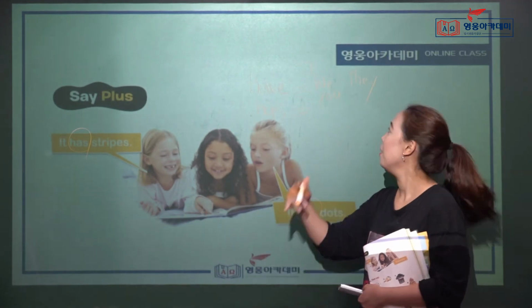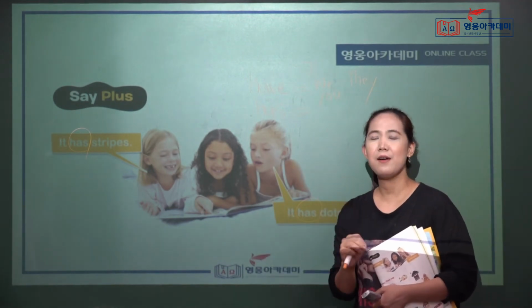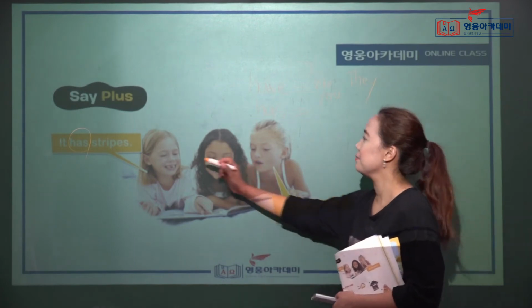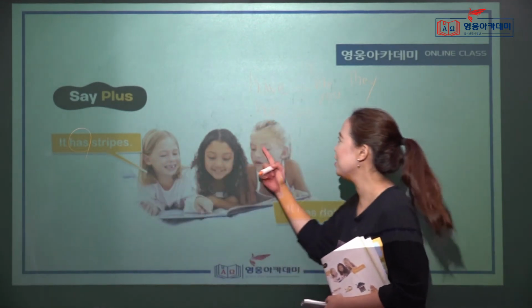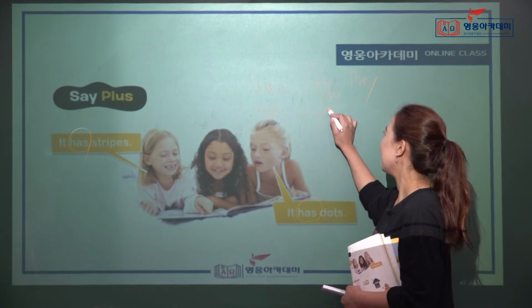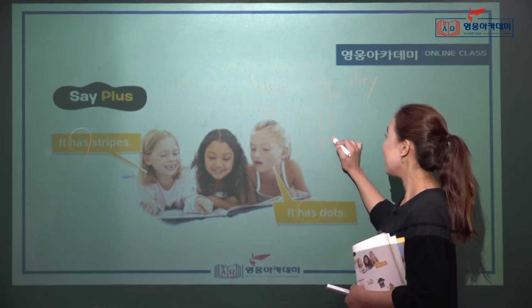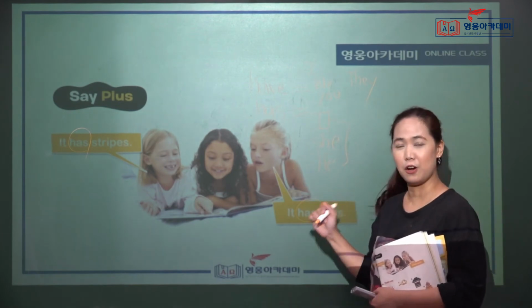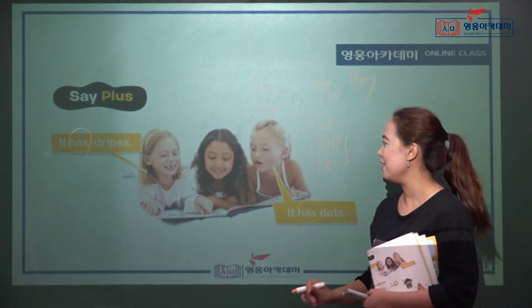I have, we have, you have, they have. But today's pattern is it. So when do we use it? It has, she has, or he has, because these are singular, just one subject, okay?